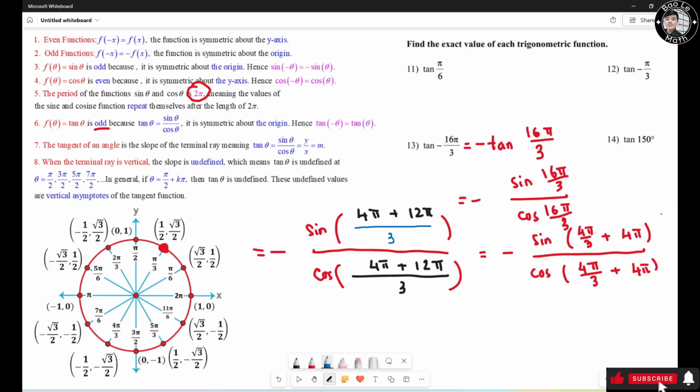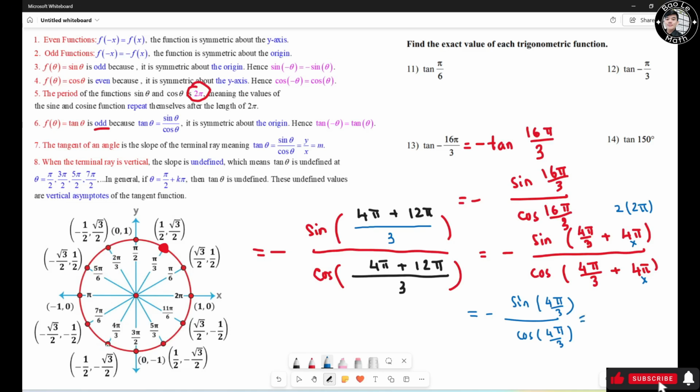Now, because 4 pi is a multiple of 2 pi, right? This is actually 2 times 2 pi, right? So I just ignore this one, right? So this guy is the same thing as negative sine of 4 pi over 3 divided by cosine of 4 pi over 3.